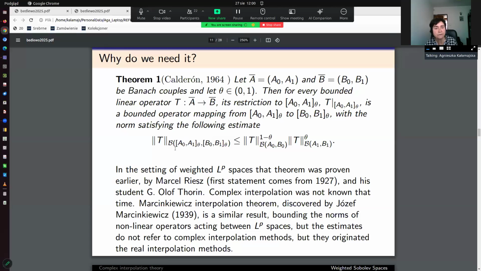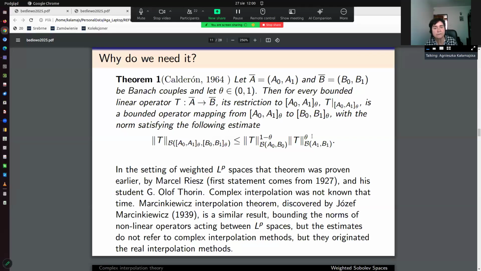The norm of T as an operator from A theta to B theta is controlled precisely in this way: it is not larger than the norm of T as an operator from A0 to B0 raised to the power 1 minus theta, times the norm of T from A1 to B1 raised to the power theta.